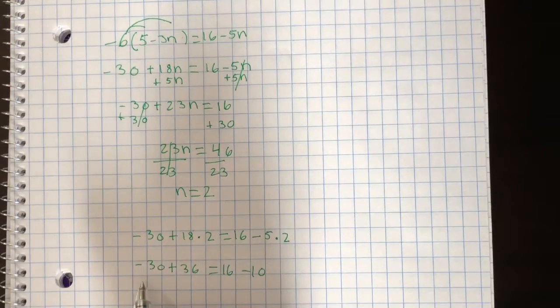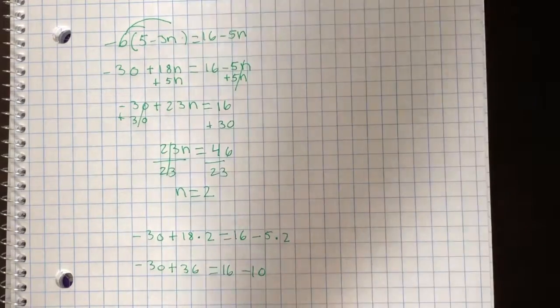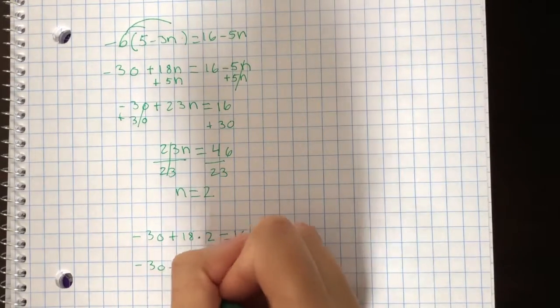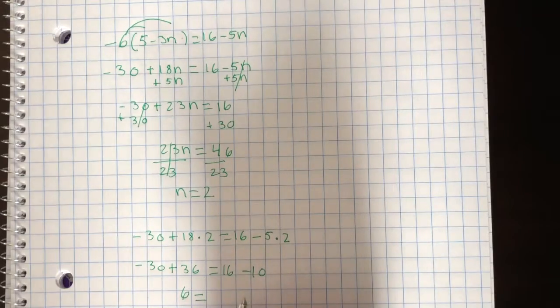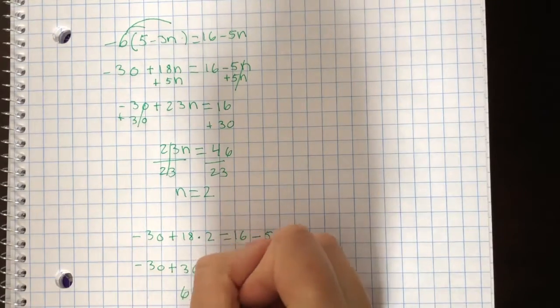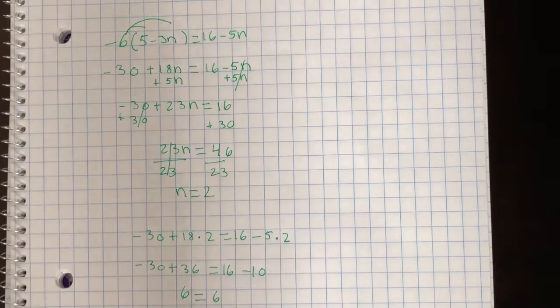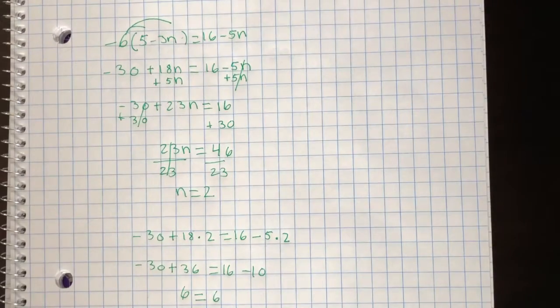Negative 30 plus 36 is 6. And 16 minus 10 is 6. So our answer is correct, and that's how you solve a multi-step equation.